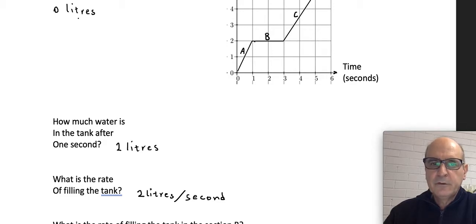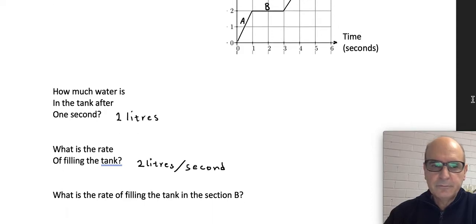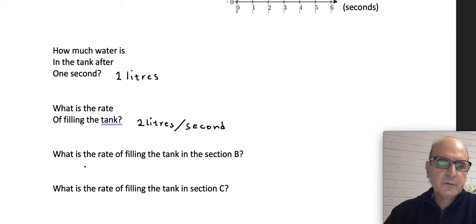As you can see, the time is changing from 1 to 3, but the amount of water in the tank stays the same, which is 2 liters. So there is no water flowing into the tank. So the rate is 0 liters per second.